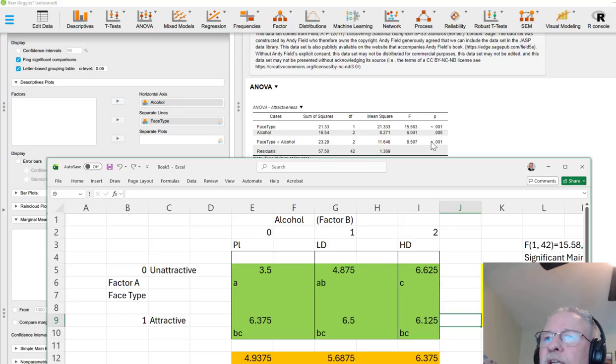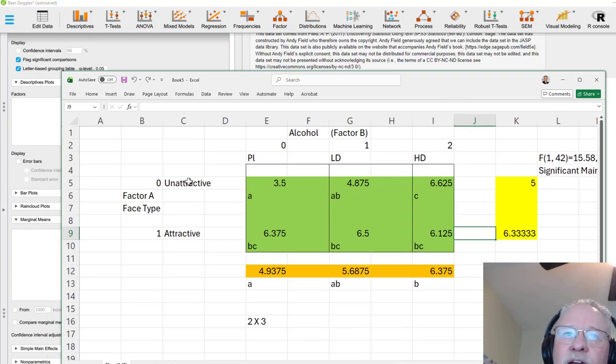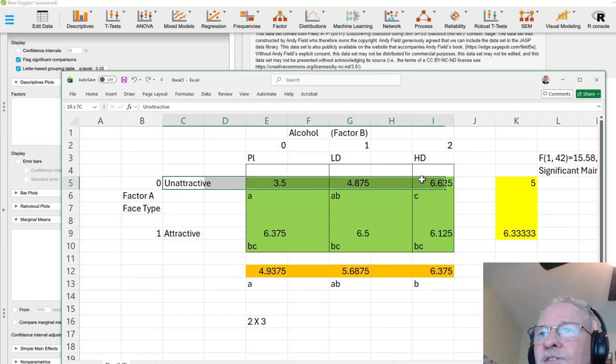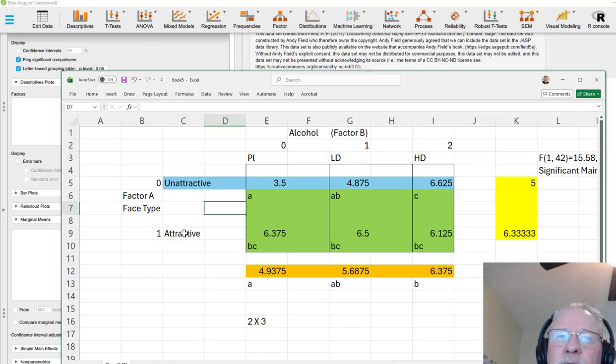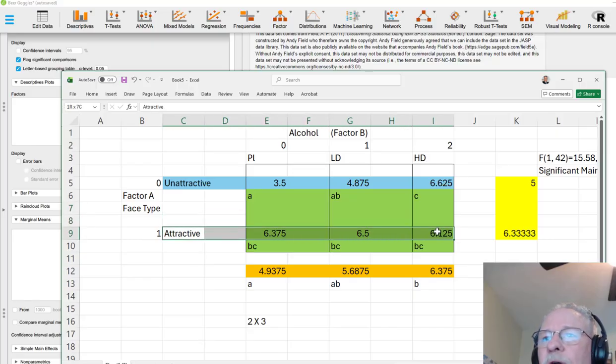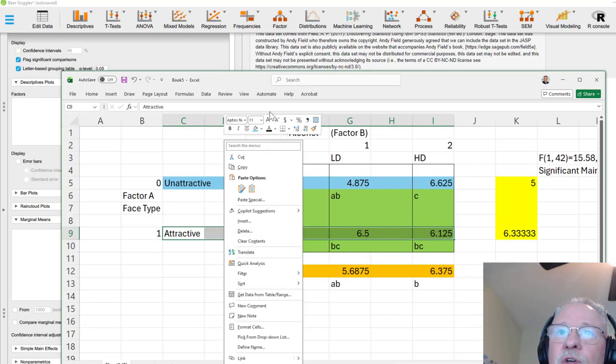To focus on the interaction, what you want to do is to talk about the simple main effects. So simple main effects are what is the effect of alcohol at the level of judging unattractive individuals. So I'm going to go ahead and mark that in light blue. And then you would also have a simple main effect for alcohol at the level of the attractive individual.